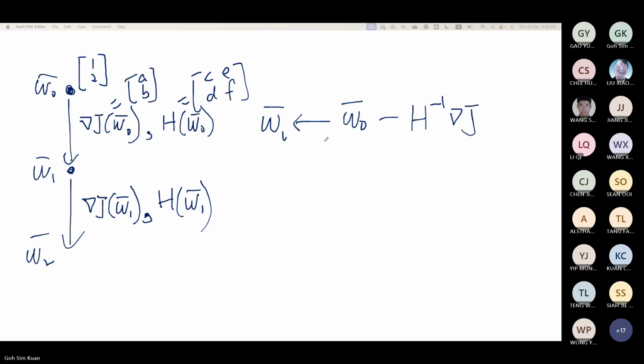We have everything. We have W0 bar, we have H, we have the gradient. So we will be able to compute the updated value for W bar. Let's say after the update, the solution that we obtain is GH. So we have GH for W1 bar.